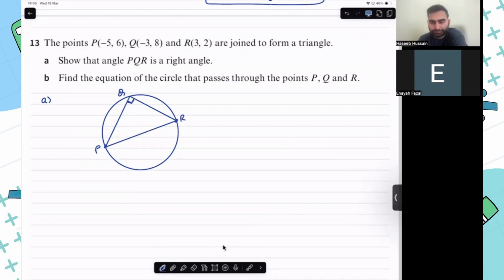Right? So the angle made from the diameter and the circumference is 90 degrees. Yeah.